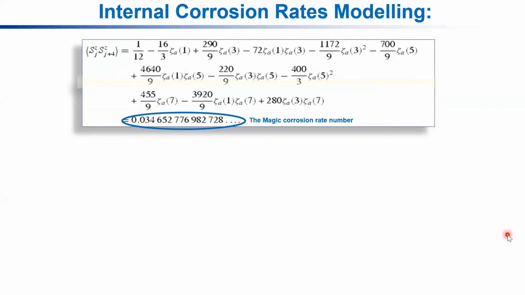Ladies and gentlemen, it's just impossible. If you look at the wet gas ICDA and the multi-phase flow ICDA, there are many correlations that are mentioned there that can predict corrosion rates.